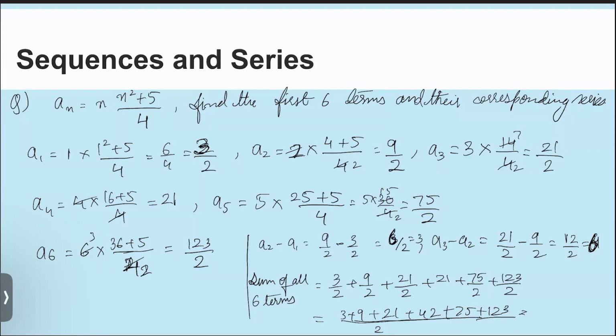So what we get is 273 by 2. Okay, so this is the sum. So again, we are slowly seeing that it's not always possible to have arithmetic sequences. We do have sequences which follow a different kind of pattern too, other than arithmetic sequences.